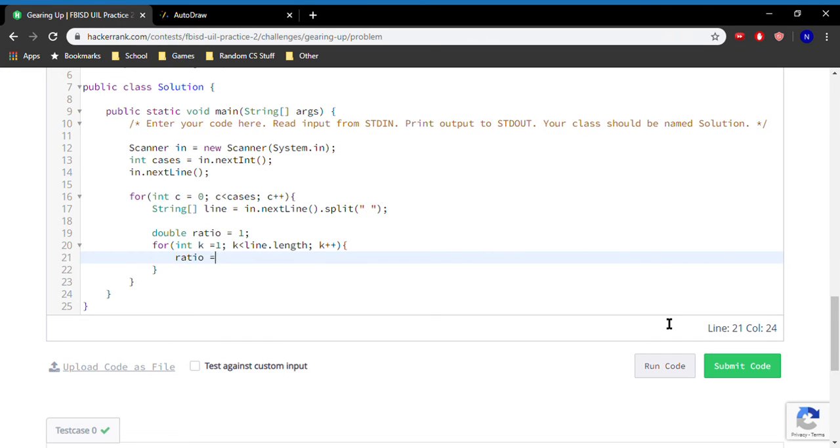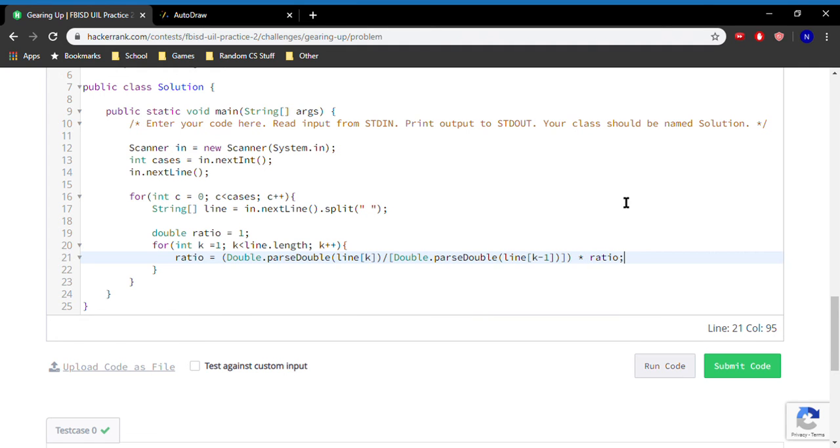So then we can say ratio equals Double.parseDouble of the line at k, divided by Double.parseDouble of the gear right before it, and then we want to multiply that all by the ratio.